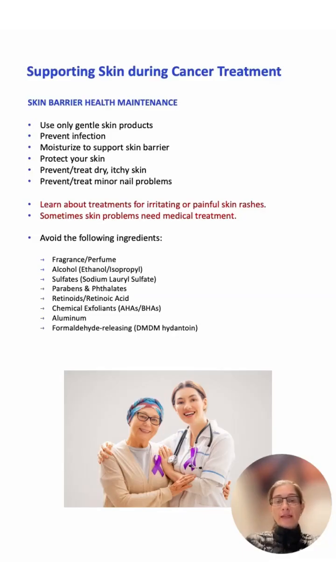Or if that is too much for your skin, wearing loose-fitting long-sleeve shirts and pants and a hat with a wide brim when outdoors to prevent sunburn because of the photosensitivity. And especially if you're getting radiation therapy, don't use heating pads, ice packs, or bandages on the treatment area. You may also want to shave less often or use an electric razor, or stop shaving if your skin becomes tender and sore.